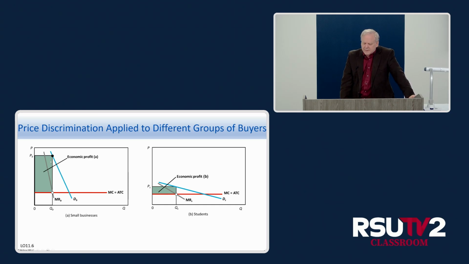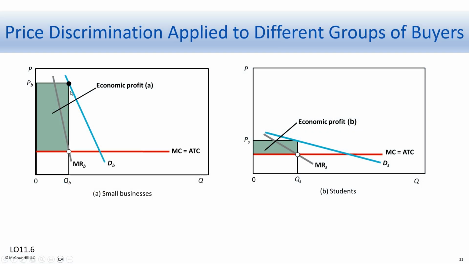But at any rate, with a steeper demand curve, then you're going to charge a higher price. You go to where marginal revenue equals marginal cost. Remember, the marginal revenue line is twice as steep as the individual demand curve. This is kind of the market demand, if you will, for small businesses.